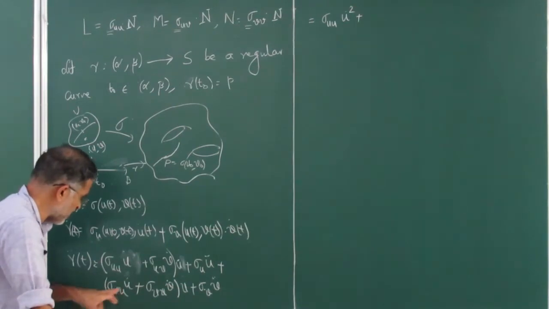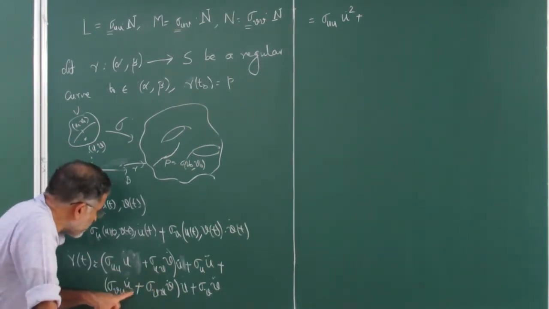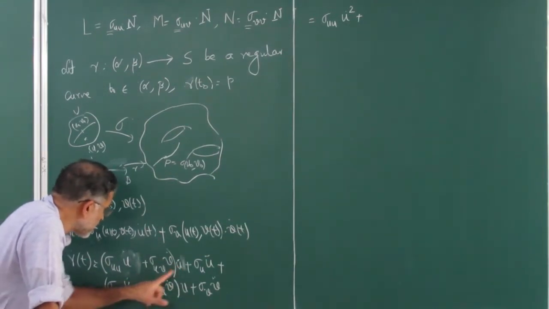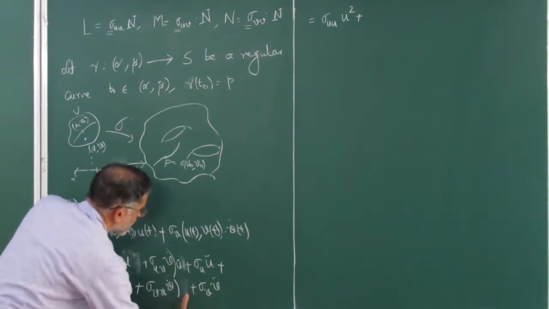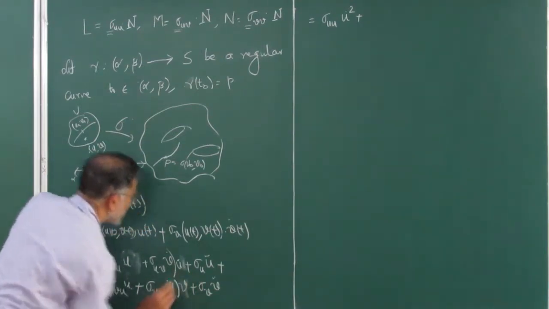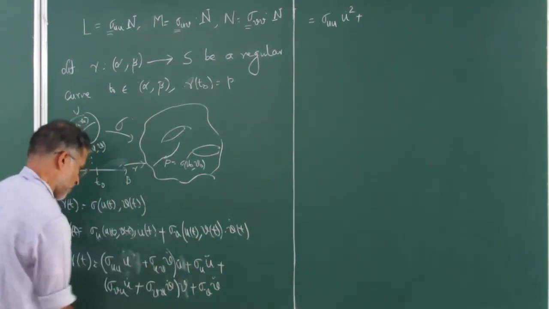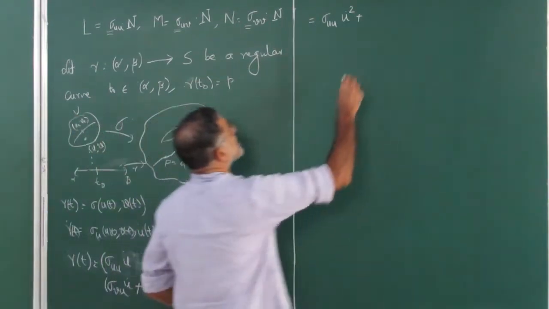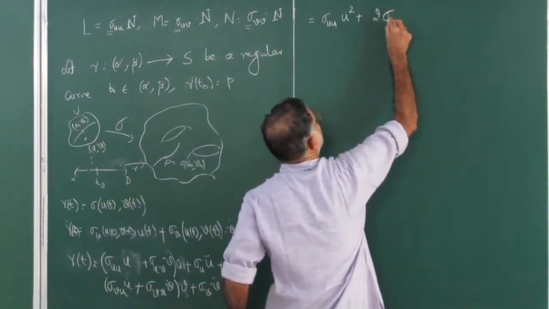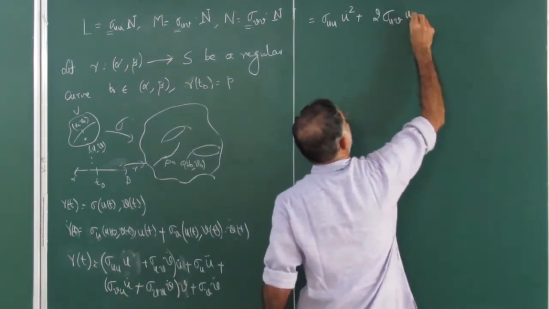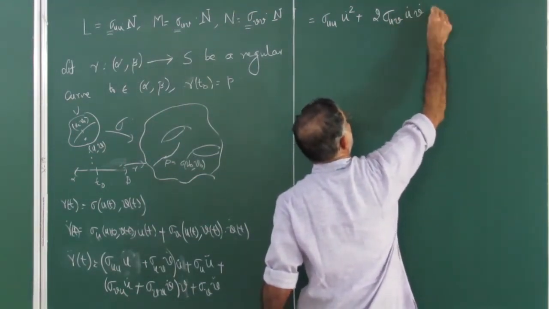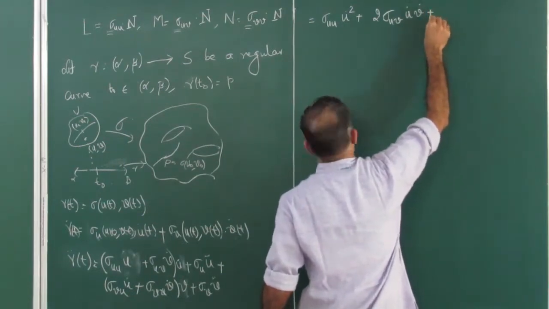So assume that. So sigma uv is the same as sigma vu. And then what are the coefficients? U dot, v dot. Here again u dot, v dot. This is v dot. I'm sorry if it is v dot. So coefficients are same. So twice sigma uv, which is the same as sigma vu, u dot, v dot. Only once derivative. Plus.